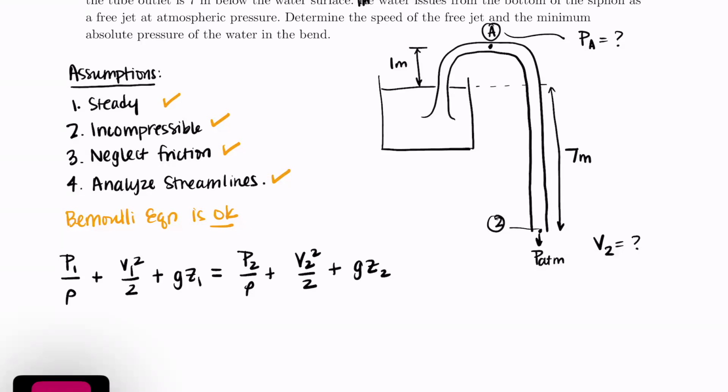Do you want to find PA first, perhaps? Okay. So I would suggest, and this is kind of a little bit of a trick in these types of problems. So I'm going to draw a streamline that starts at the surface of the water and kind of meanders around here and up and through the tube. All right, and I'm going to call this point 1.